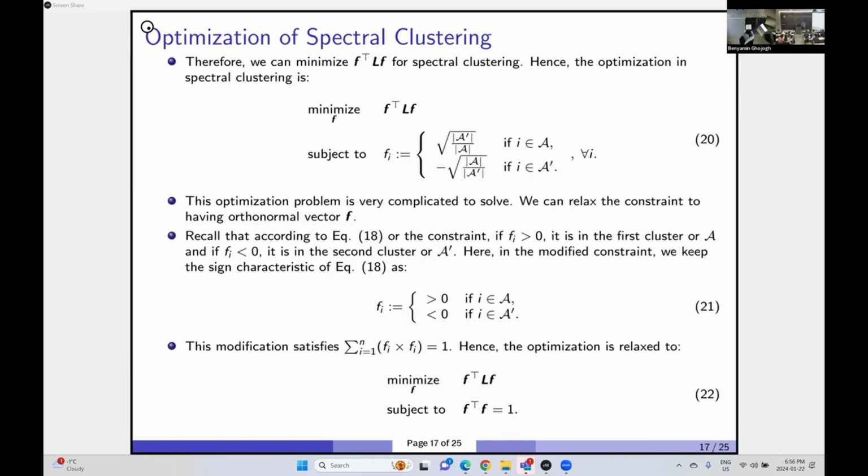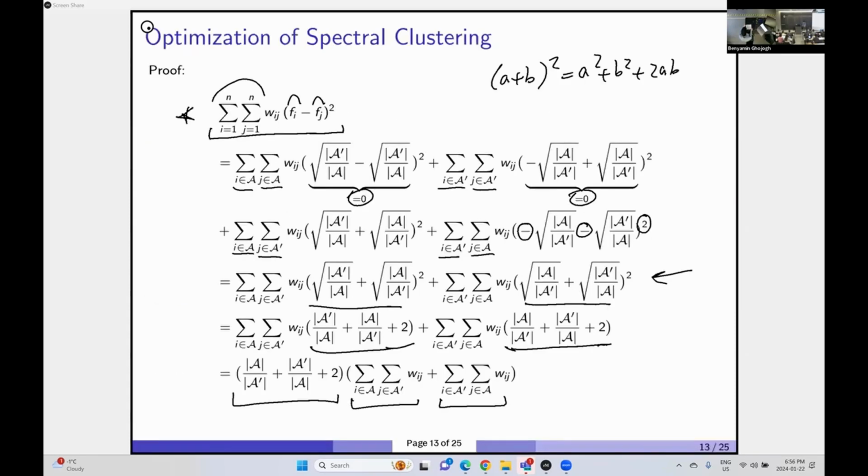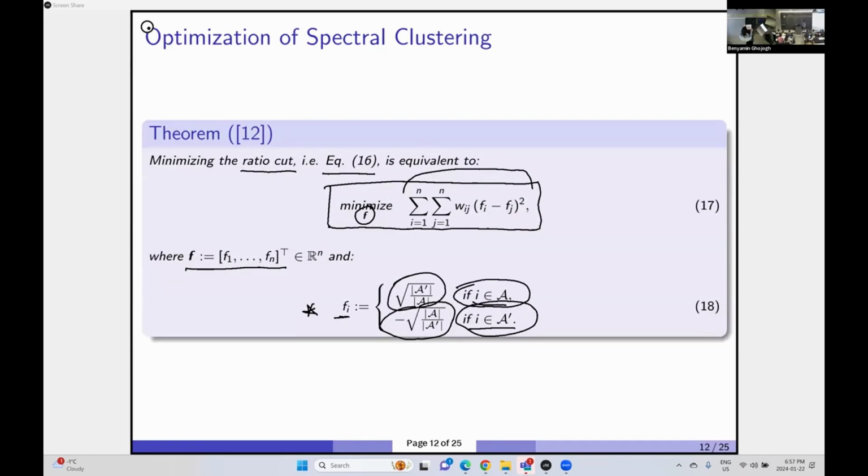Now you understand why in spectral clustering, we minimize this. Because minimization of this is equal to minimization of this, and minimization of that equals minimization of ratio cut.